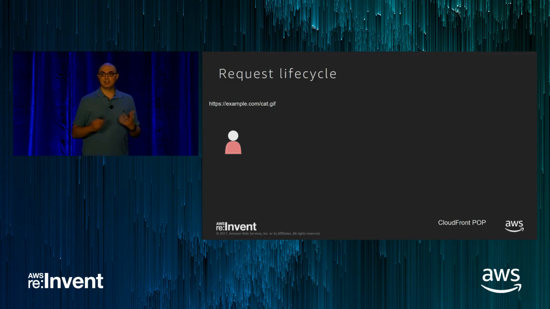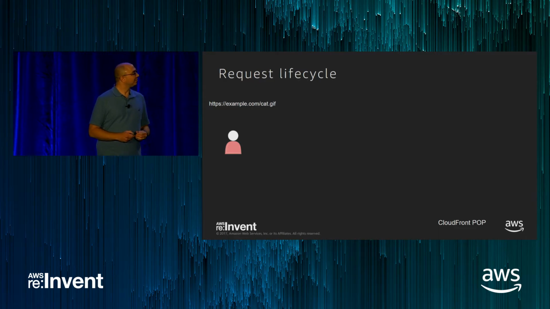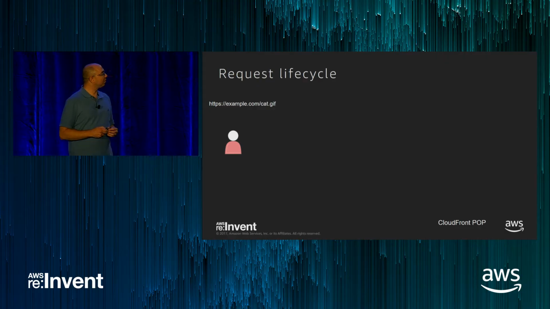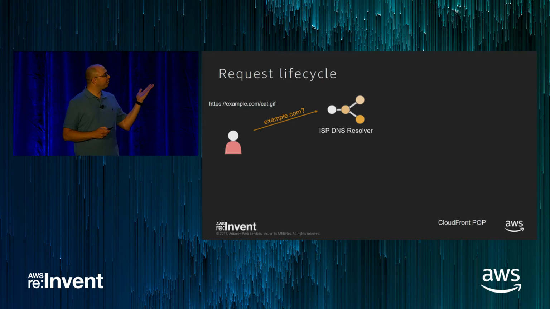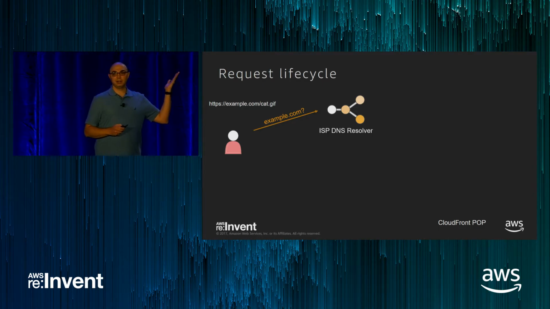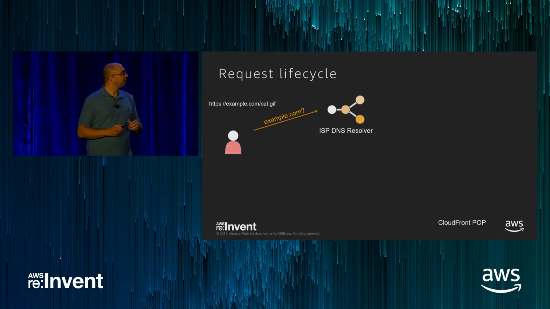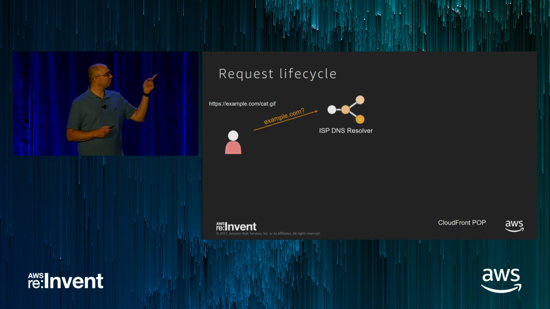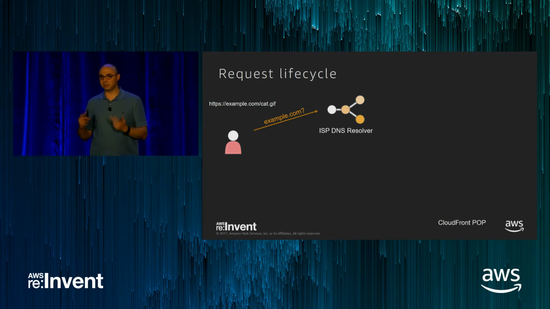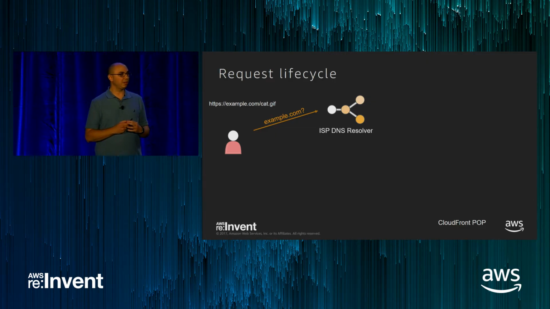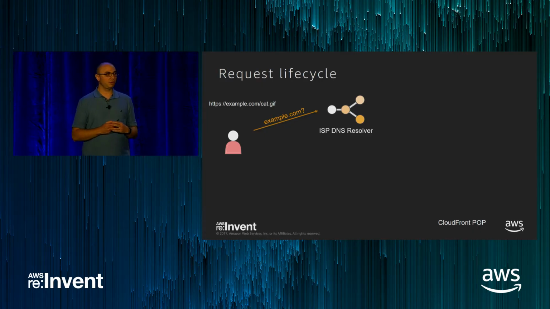So now let's get to the reason we are here, measuring the internet in real time, right? This is how a request flows through CloudFront. Our viewer wants to get a GIF of a cat. So he goes to his ISP DNS resolver, which could be Verizon, Comcast, or whatever your ISP is, and asks it what's the IP address for example.com.